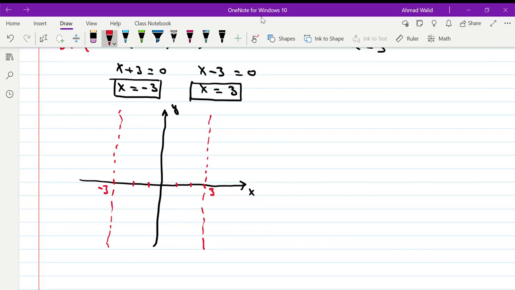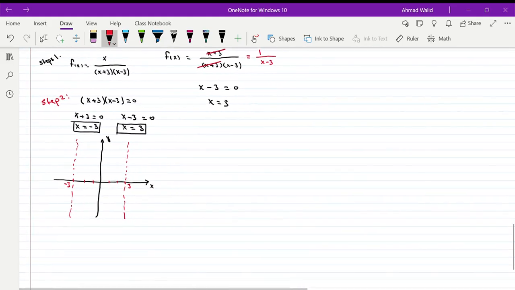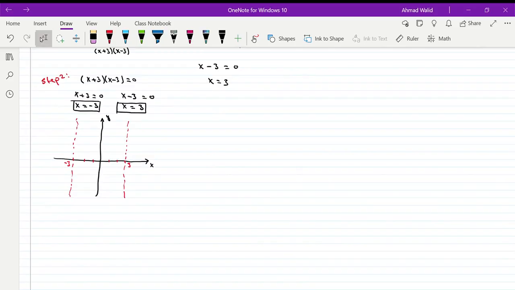Correct? It means the graph of f of x equals x over x squared minus 9 has 3 pieces. I know the shape. I'll draw it for you, but later you will learn how to graph them, correct?